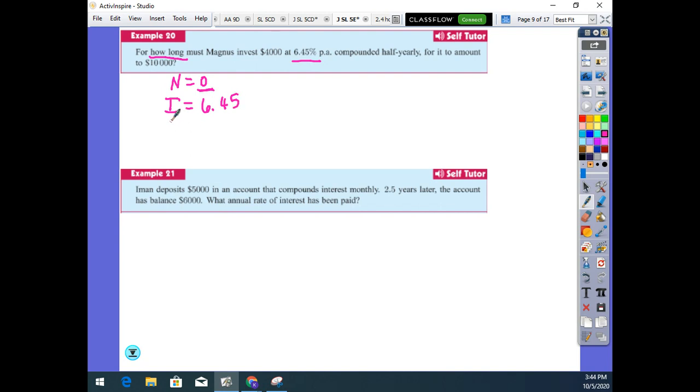Our present value is always negative, we're investing $4,000. My future value, how much do I want to have? Turn $4,000 into $10,000. Compounded half yearly, twice a year, so that's 2. So both my payments per year, both of these are always going to be the same, so that's going to be 2.